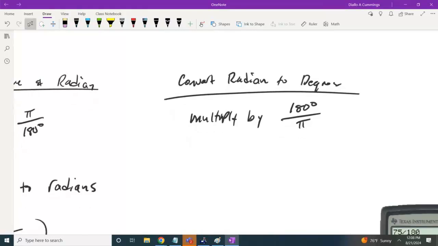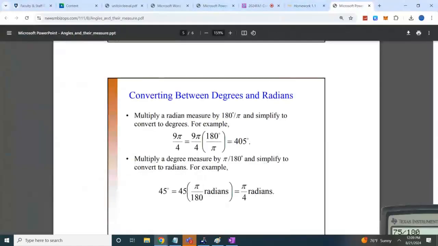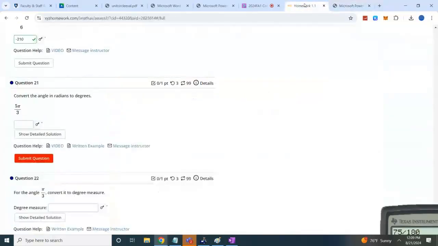So for example, if you wanted to convert, I think there was one on the thing. Let's say 15 degrees.